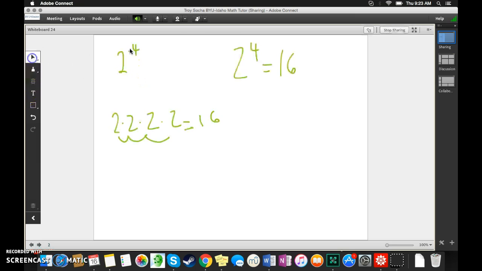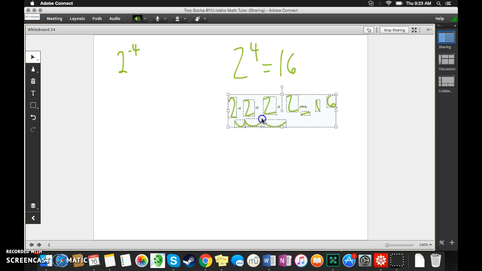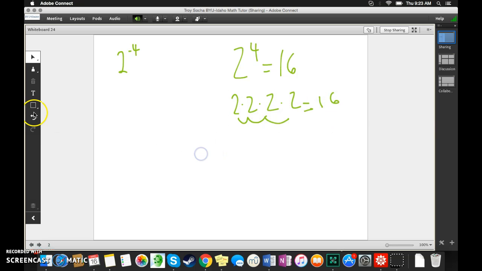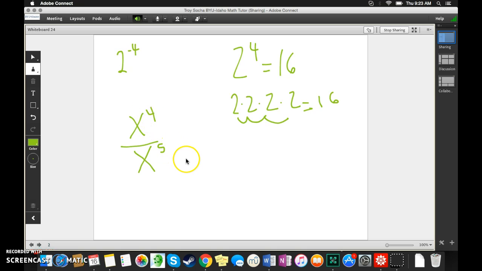Now let's talk about a negative exponent. First off, it's important to realize where negative exponents come from. If we have an exponent that's 5 here and 4 here, it's important to remember our mathematics.